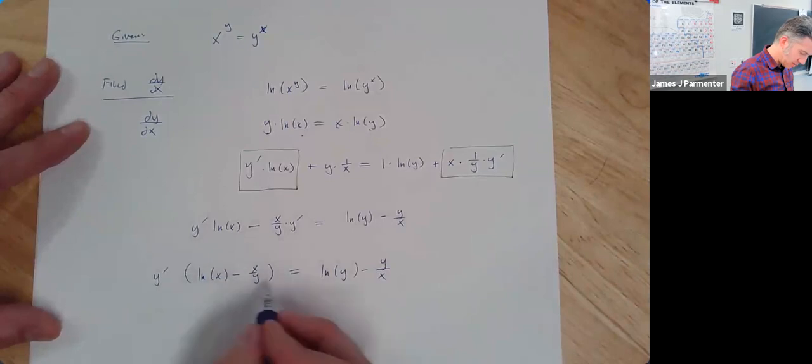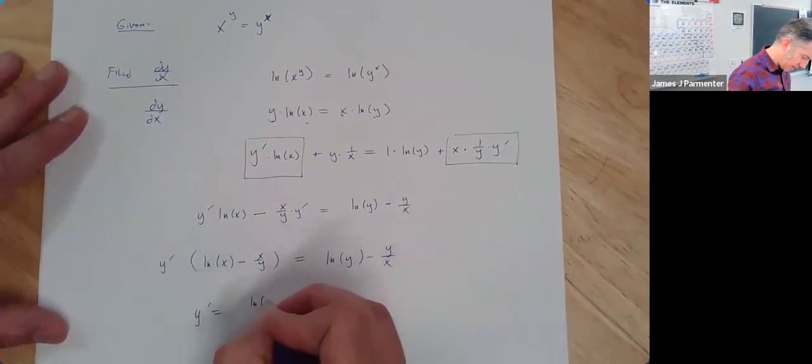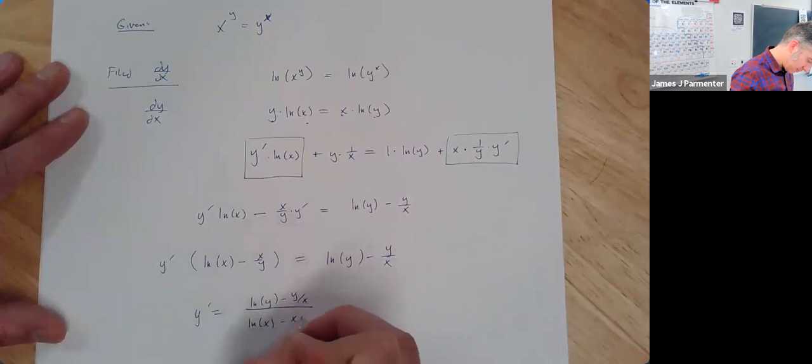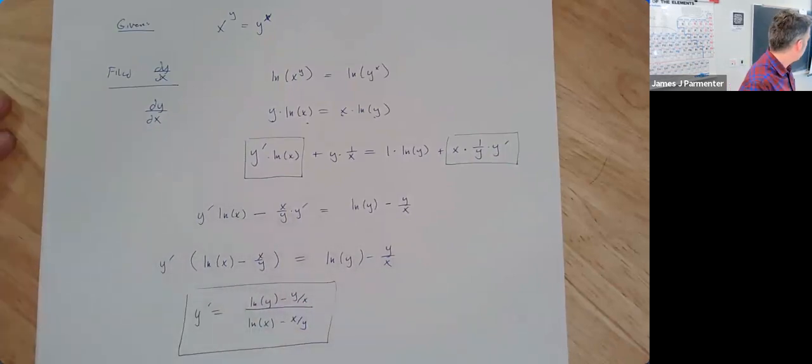Finally, divide by what's multiplying y prime. So y prime equals all of the right-hand stuff divided by all of this stuff. And that's our derivative, implicitly. Most of the time, this expression is not simplifiable. It is what it is.